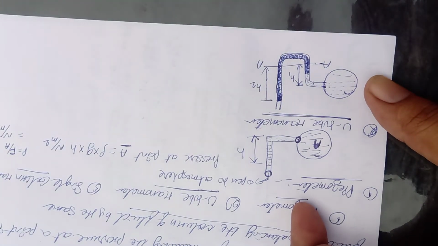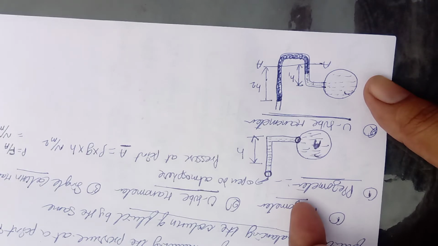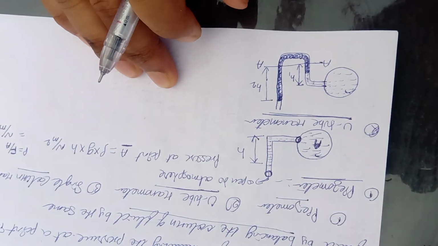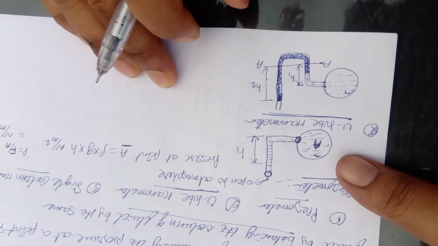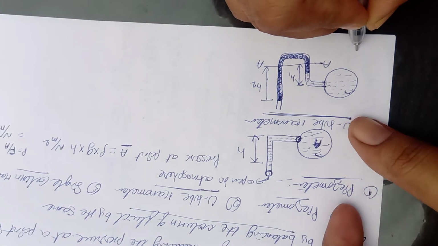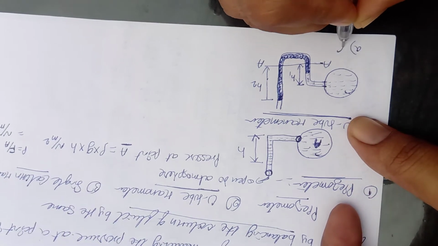So h1 is the height in the left column or left limb, and h2 is the height of water displaced in the right column or right tube. Now what would be the formula? This one is used to find gauge pressure.